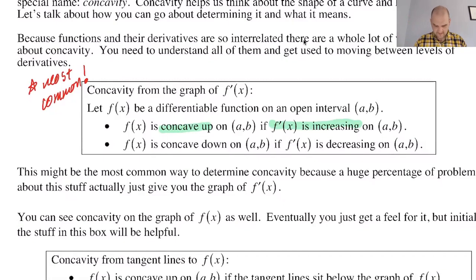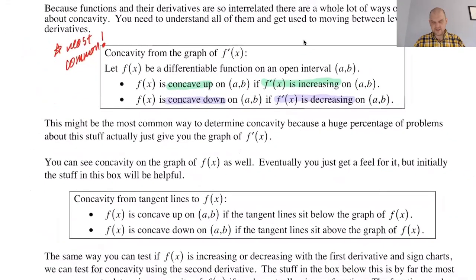Or you can tell that f of x, the original function, is concave down if f prime is decreasing. If f prime is decreasing, f double prime, the second derivative, must be negative. Either of those, f prime is decreasing or f double prime is negative, will tell you that the function is concave down. Okay, so the most common thing is to have the graph of f prime. That's why I wanted to start with that one.